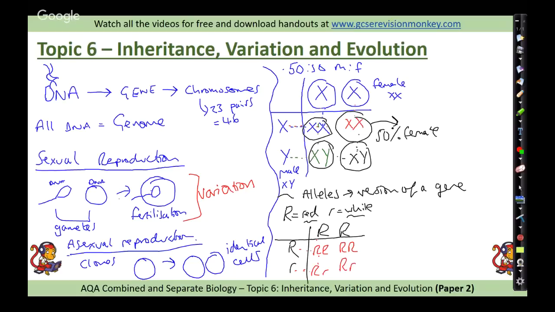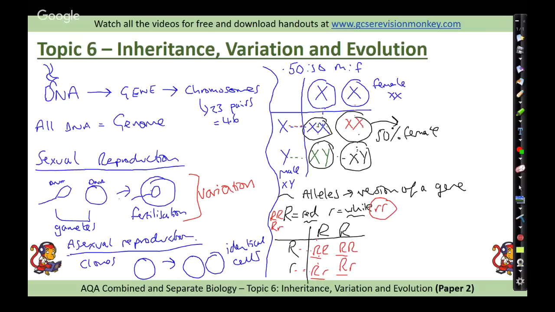So to be white, it would have to have both recessive alleles, little r, little r, but to be red, it could have a combination of capital R, capital R or capital R, little r. So in this case here, all of our genotypes have a capital R in it. If it has a capital, that colour will be expressed.